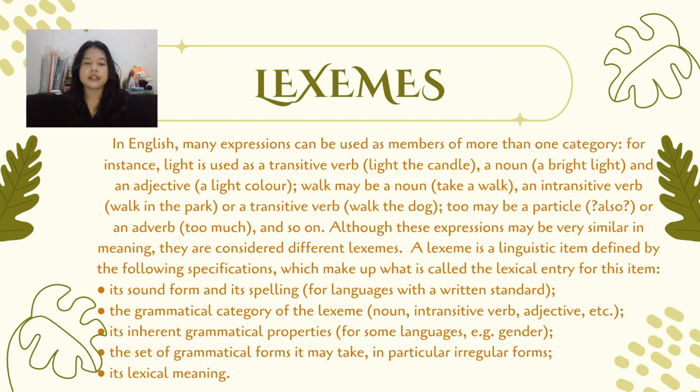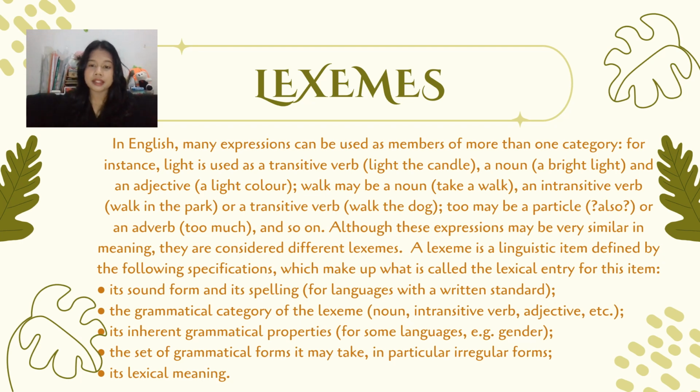Also, walk can be used as a noun, as in take a walk, an intransitive verb, walk in the park, or a transitive verb, walk the dog. To may be a particle, too may mean also, or be an adverb, as in too much, and so on. Although these expressions may be very similar in meaning, they are considered different lexemes.